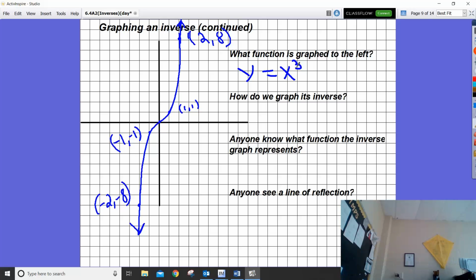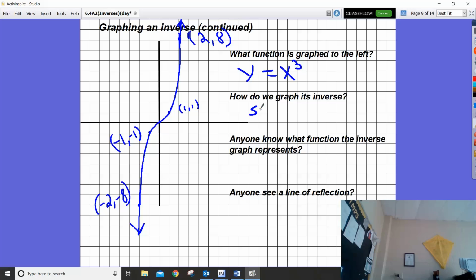By the way, is this thing 1-to-1? Yes, it will pass the horizontal line test, which means that it has an inverse. Now to graph its inverse, what do we do with x and y? Swap them. The only points that I'm really concerned about here are actually the 2, 8 and the negative 2, negative 8.